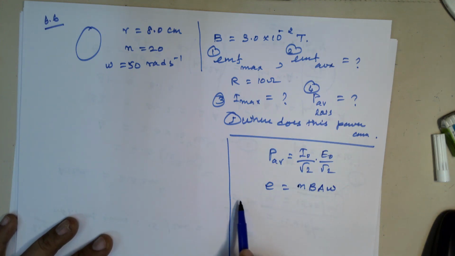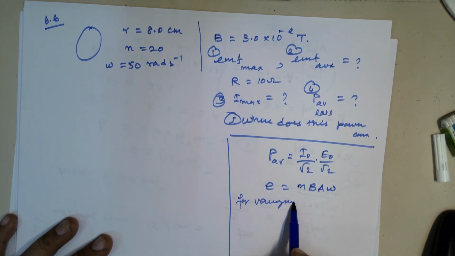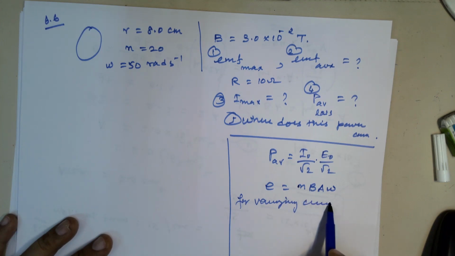If it is a varying current, then E is equal to NBA omega sin omega t, because we differentiate it.